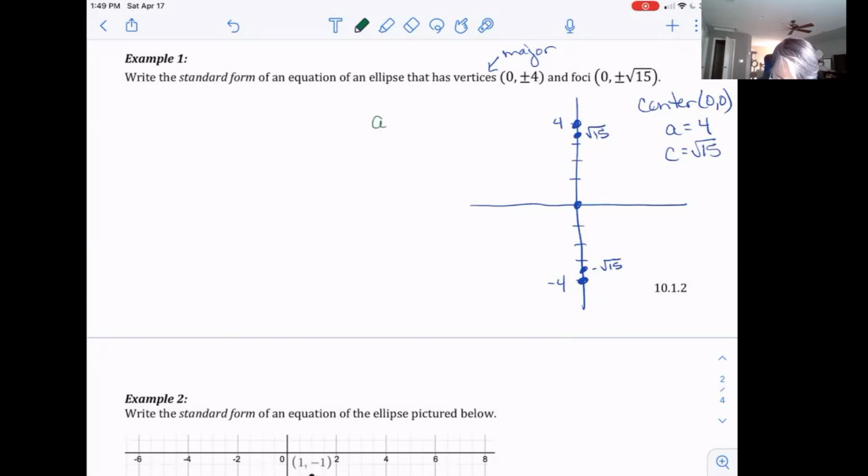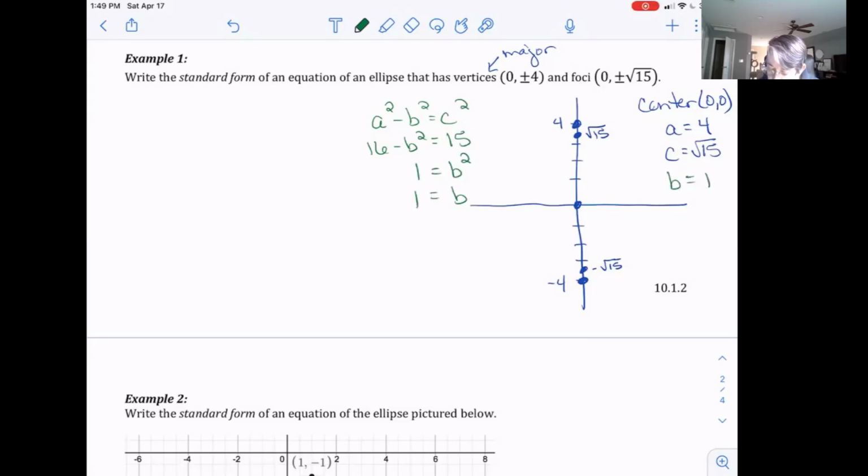We know a squared minus b squared should equal our c squared value. Our a is 4, so 4 squared is 16, minus b squared equals c squared, or c is the square root of 15, so that squared gives us 15. So we get basically b squared equals 1, so b equals 1.